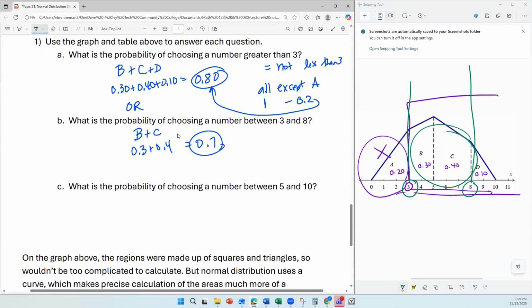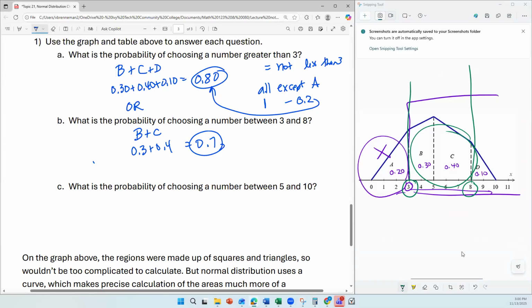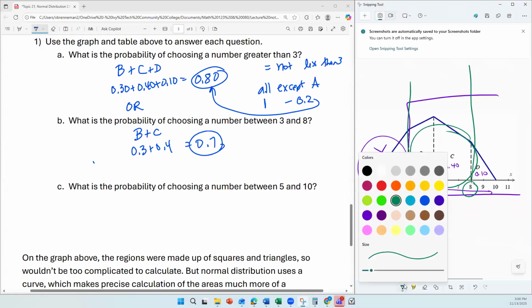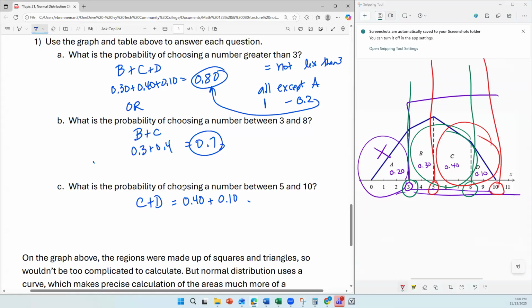And then what's the probability of choosing a number between 5 and 10? So that's 5 and 10. In between those is region C and D. So 0.4 plus 0.1 is 0.5.